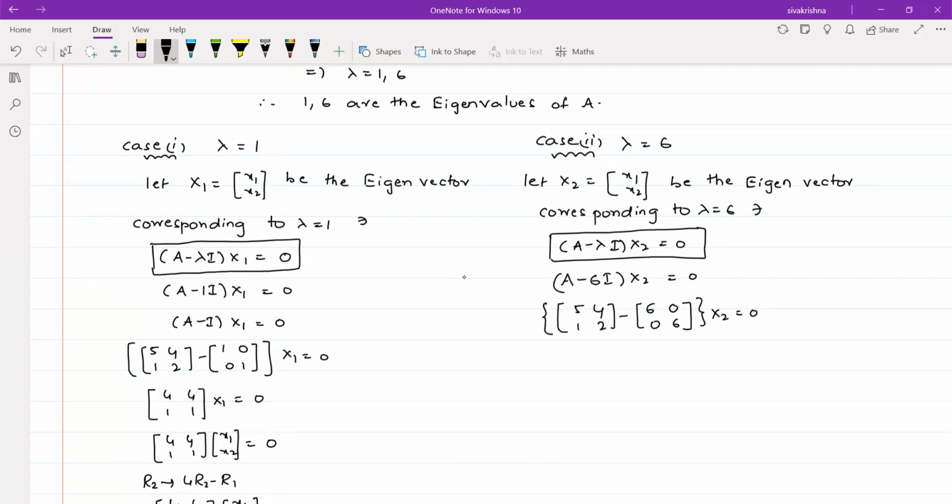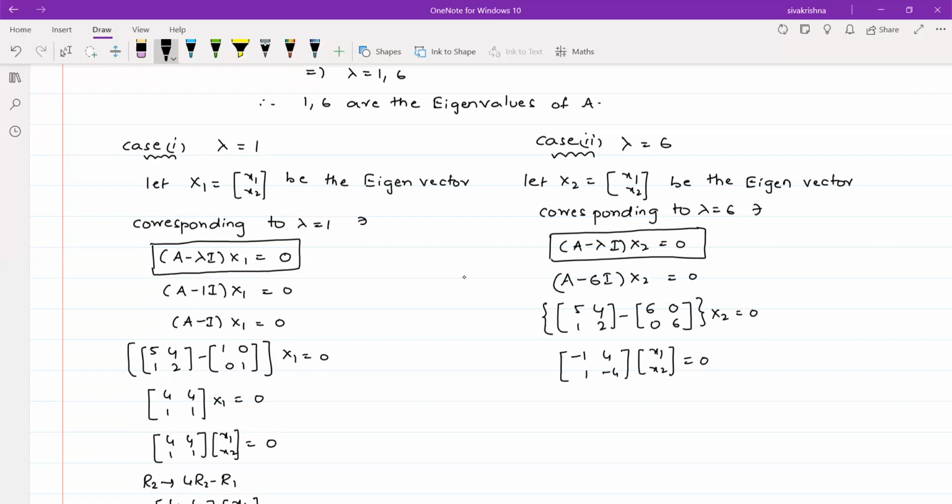Once again, we subtract those two matrices, so that we get 5 minus 6 is minus 1, 4 minus 0 is 4, 1 minus 0 is 1, 2 minus 6 is minus 4, into x1, x2 is equal to 0.